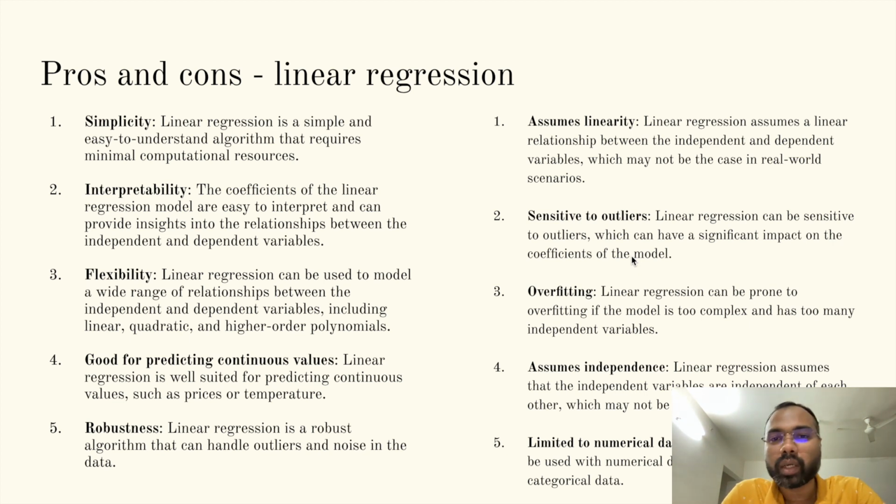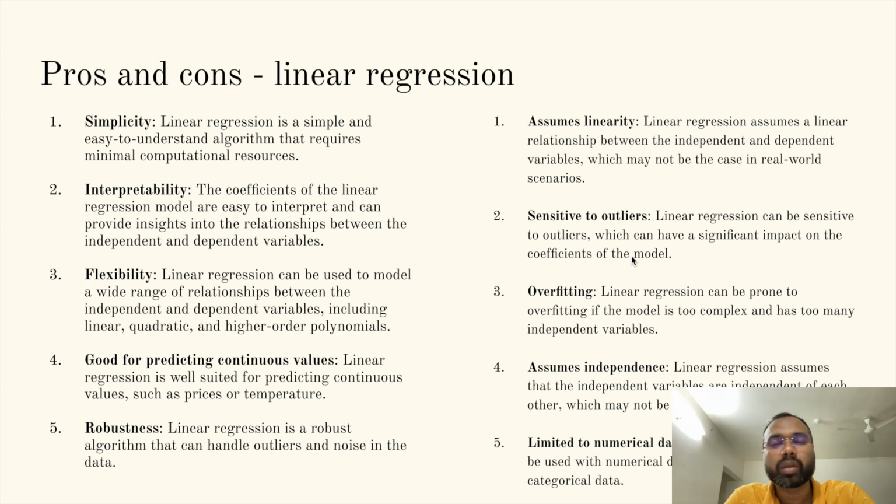Now the cons part. It assumes linearity. So in the real world it may not be true. The dependent variable may be dependent on the square of the independent variable, right, or the cube of the independent variable, but it does not assume that.